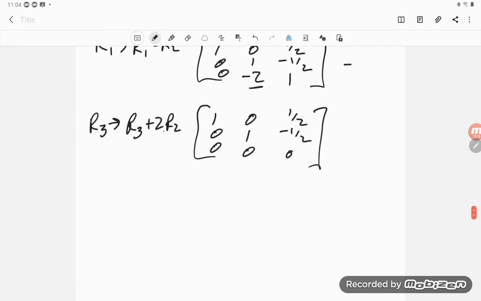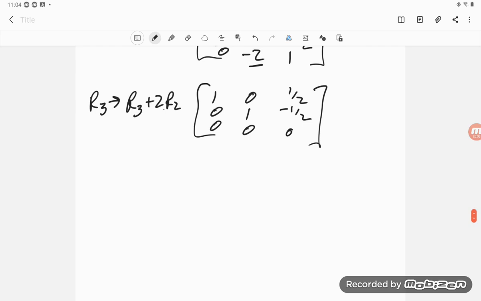And that is in reduced row echelon form at this point. Okay, and so what does that mean? Well, I can read that off. That says x is equal to 1/2, and then y is equal to negative 1/2, and there's my solution. So there we go. We had an extra equation, but it turned out it didn't change the solution.